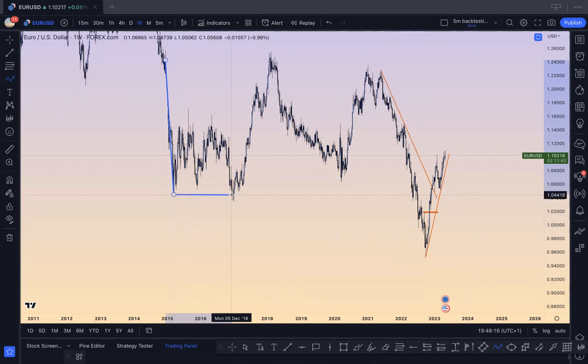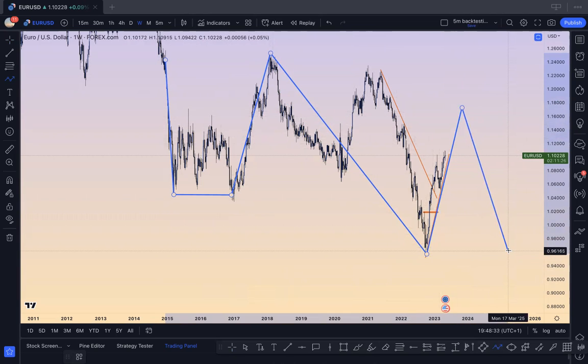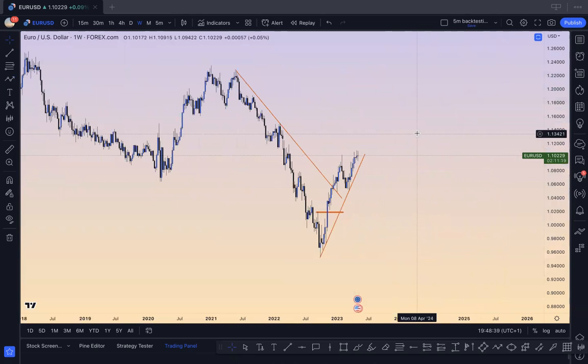This was wicked, then it did this and that, and then went down, but it created a lower low here. So who knows if this is going to be a pullback? We will see. But in the meantime, we trade what we see.